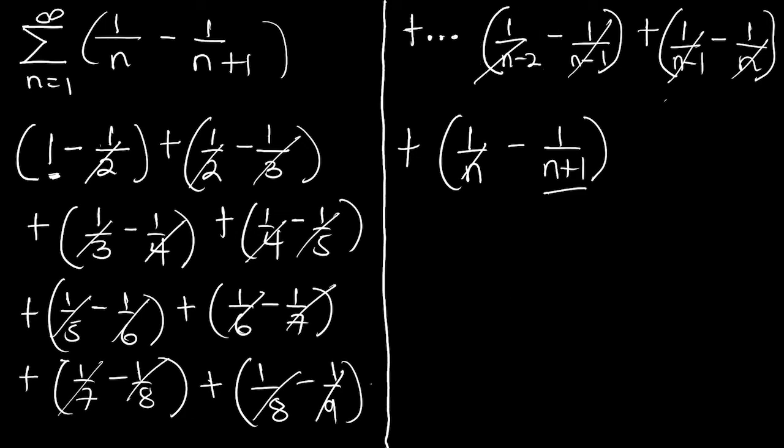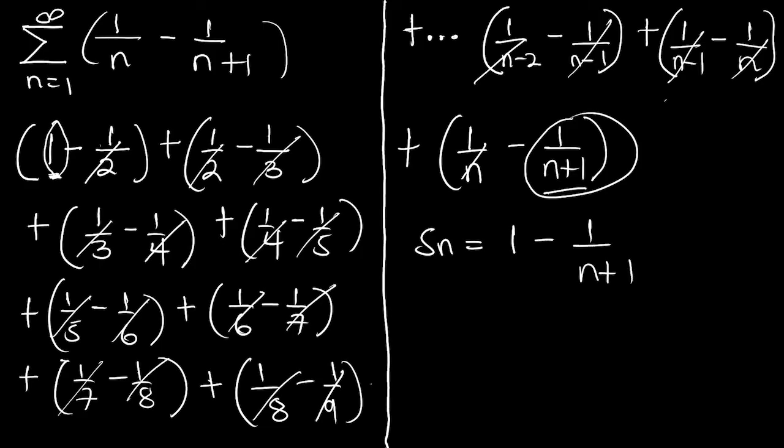Okay. So everything is going to cancel out except, so yeah, we can write the partial sum as Sn equals, we are going to have our 1 here. This term, nothing cancelled this term. Everything else was cancelled up to the last term, that's negative 1 over n plus 1.